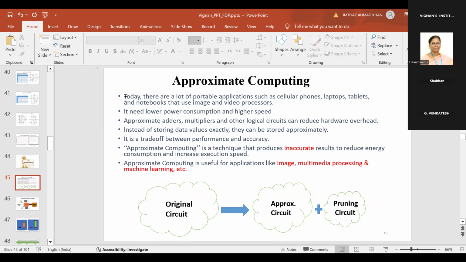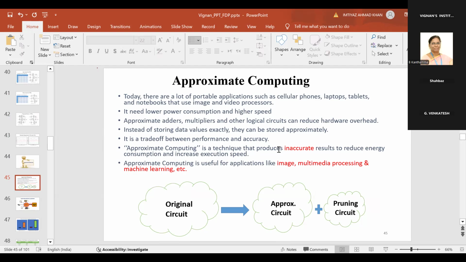Approximate computing. Today, there are a lot of portable applications such as cellular phones, laptops, tablets, and notebooks that use image and video processors. They need low power consumption and higher speed. Approximate adders, multipliers, and other logical circuits can reduce hardware overhead. Why? Because all digital signal processing depends on arithmetic circuits. It is a trade-off between performance and accuracy.